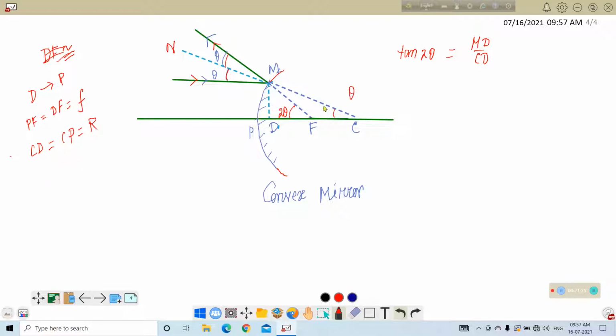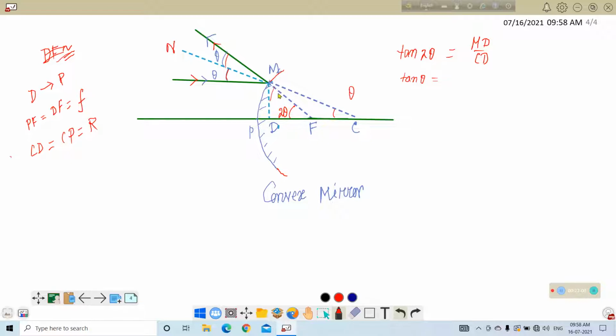Now from this geometry, we can say tan 2 theta is equal to MD by FD.